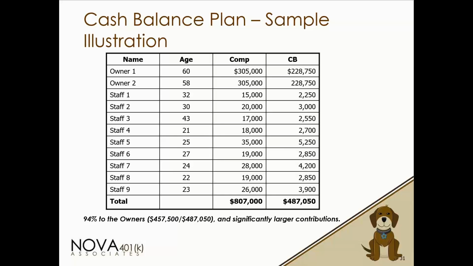Out of the $487,000 contribution, 94% is going to our 2 owners. So again, another big jump. We thought 87% for the new comp was good. This is even better at 94%, plus much bigger numbers. So the deduction has gone up, and the contributions for the owners have gone up significantly.